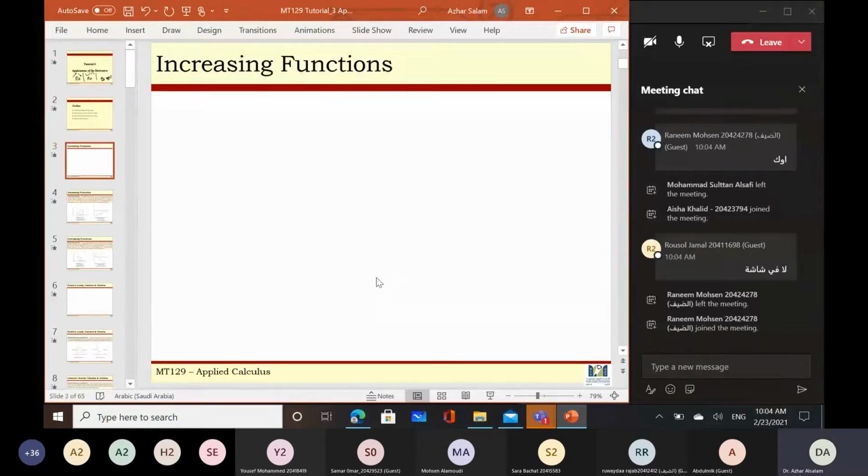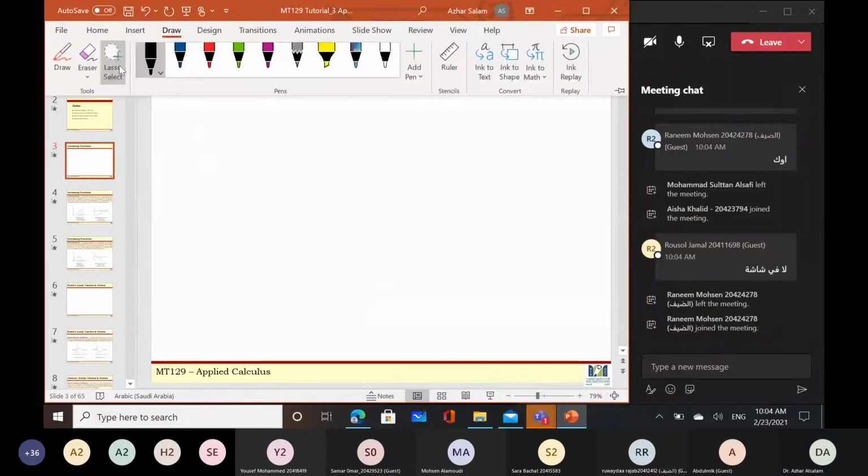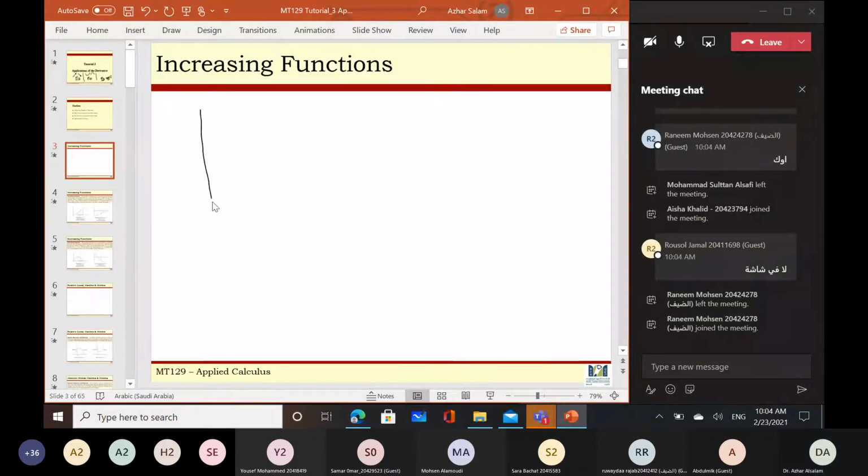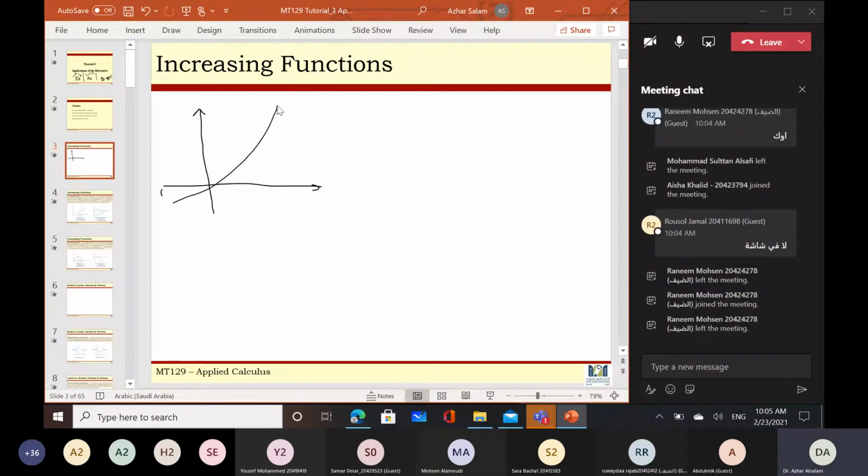Of course, we said that a function, if I have here the x-axis and the y-axis, for example, like this, I have a function like that. The values of the function are going up when I move to the right, from left to right.